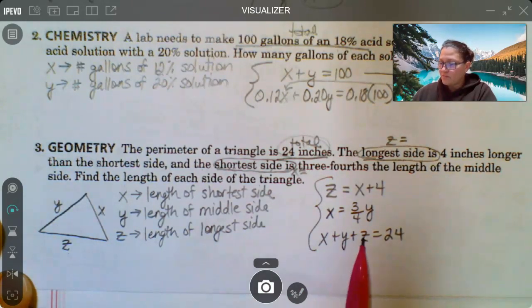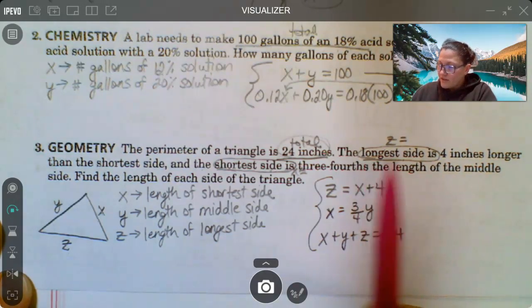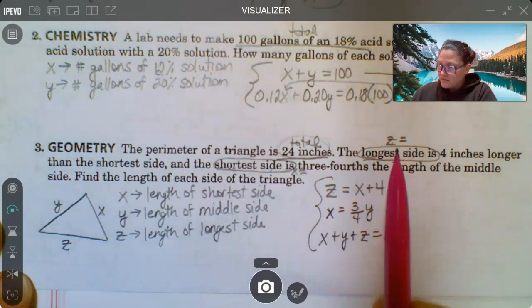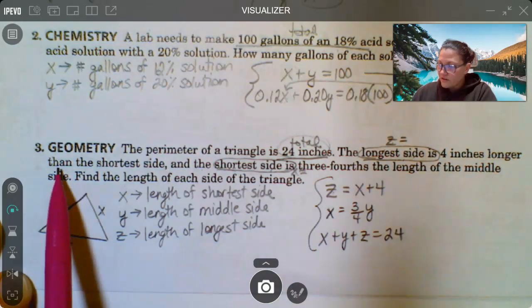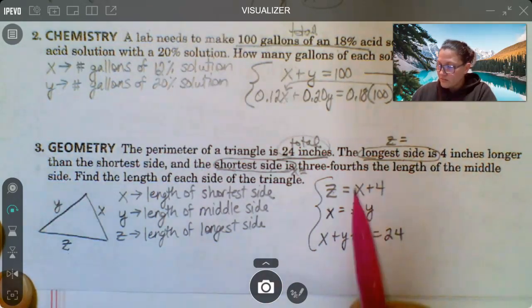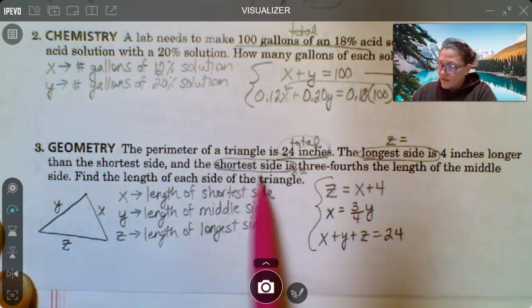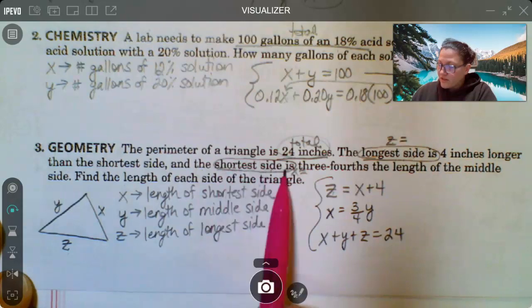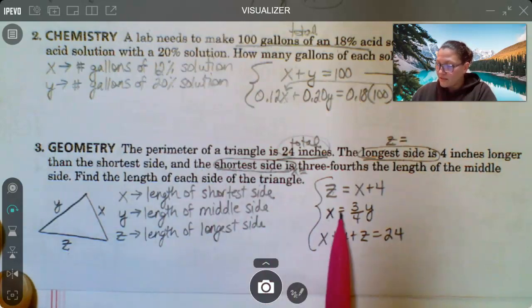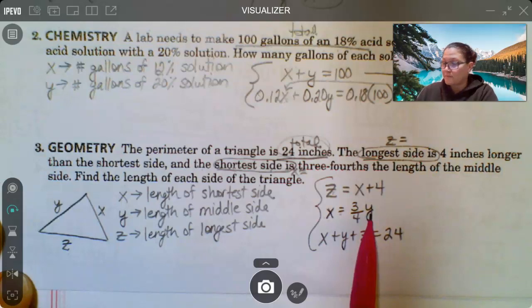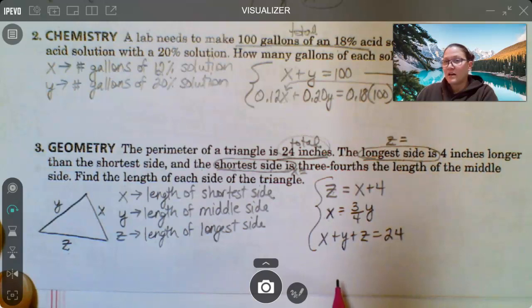X plus Y plus Z equals 24. And then up here, the longest side, I know that's Z. It is 4 inches longer than the shorter side. So take my shorter side and add 4 is equal to Z. And then I have another one here. The shortest side is, so X is, or X equals 3/4 the length of the middle. So I take 3/4 times my middle side, which is Y. Now this is also ready to substitute.